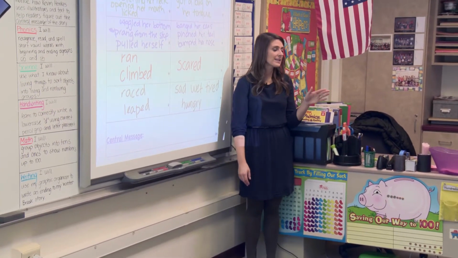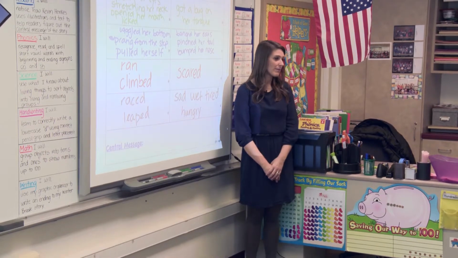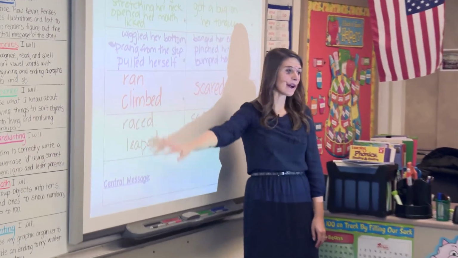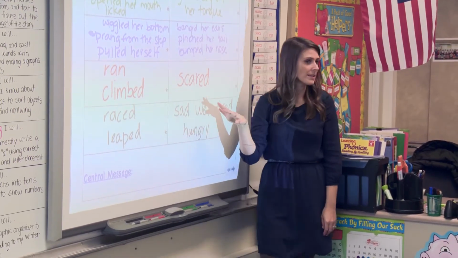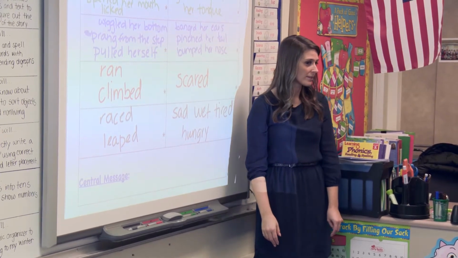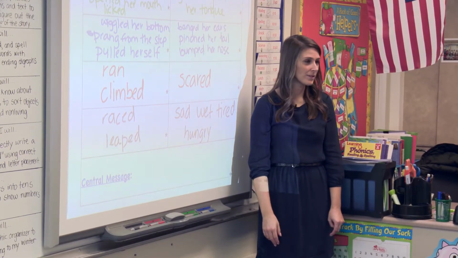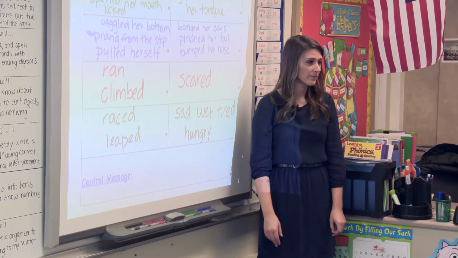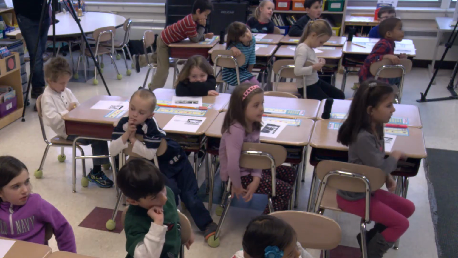Carter kind of already said one, but I'm noticing something. All these boxes are kind of telling me something, and all these boxes are kind of telling me something. What patterns are you noticing? Emma H? She kept getting hurt.